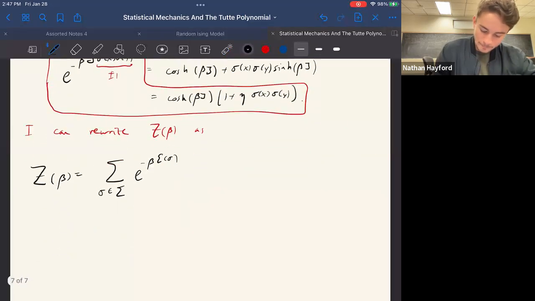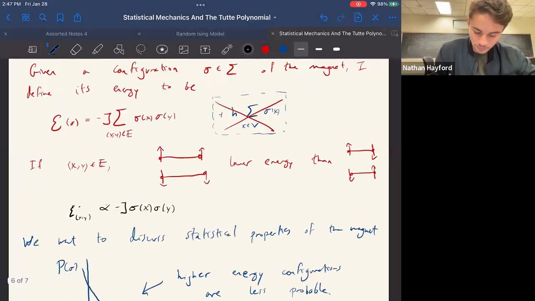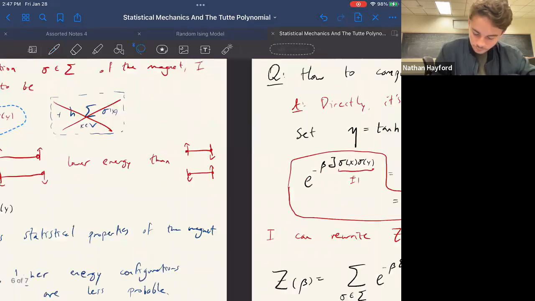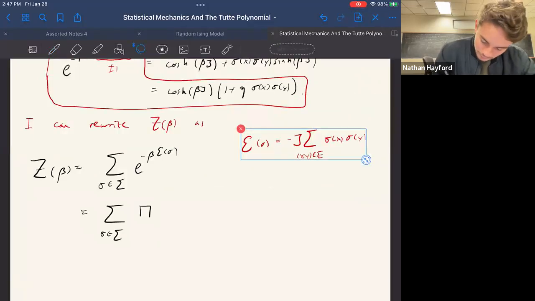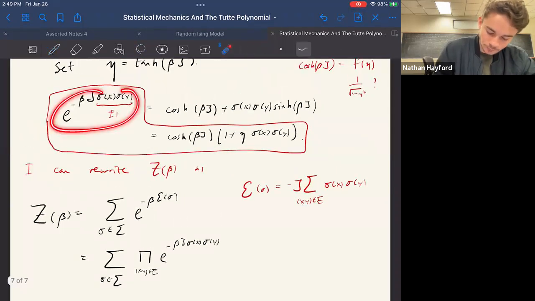Continuing on, Z of beta is this, which I can now rewrite as the sum over all configurations of the product over all the edges. Remember that E of sigma, let me copy this over so that you can see what it looks like, is just the sum over all the edges, so the weight is e to the minus beta j sigma x sigma y, which is, well, this thing here.